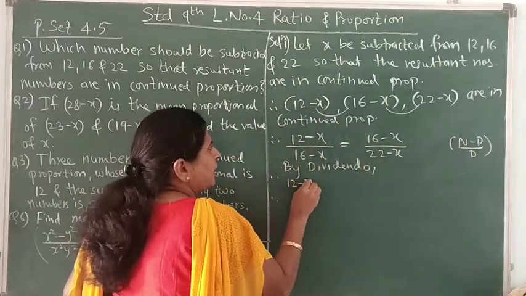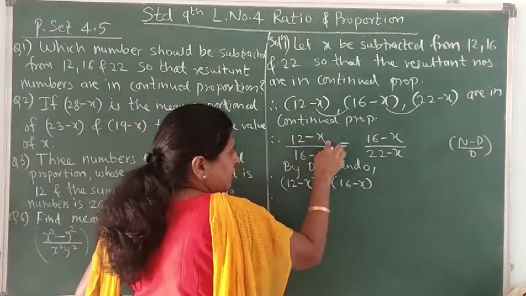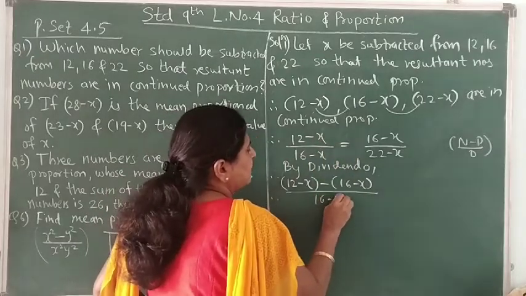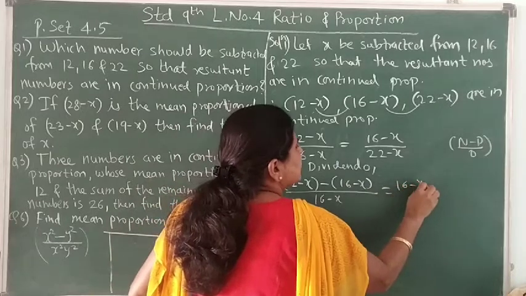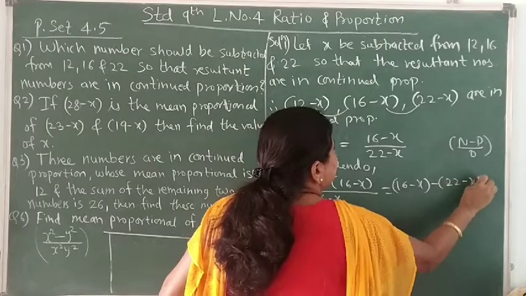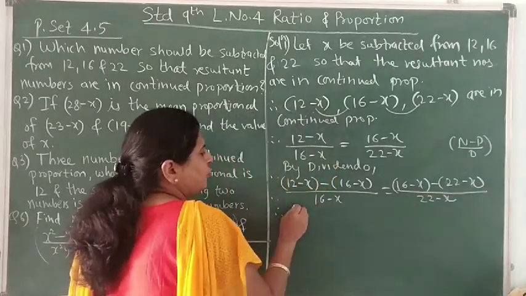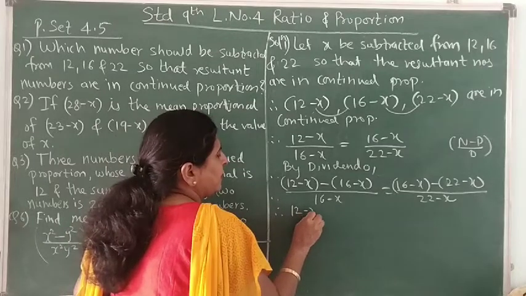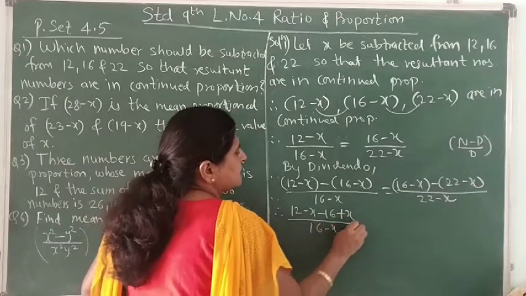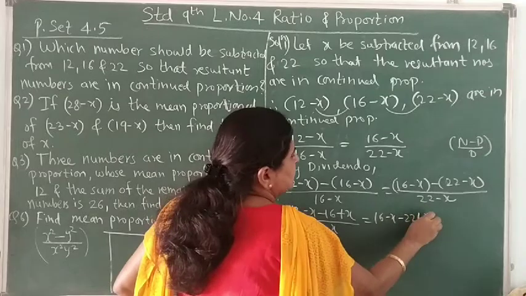So this is 12 minus x minus 16 minus x. We are subtracting the denominator from the numerator, upon the denominator 16 minus x. And here also 16 minus x minus 22 minus x upon 22 minus x. So we have done the dividendo. Simplify: 12 minus x minus 16 plus x upon 16 minus x is equal to 16 minus x minus 22 plus x.